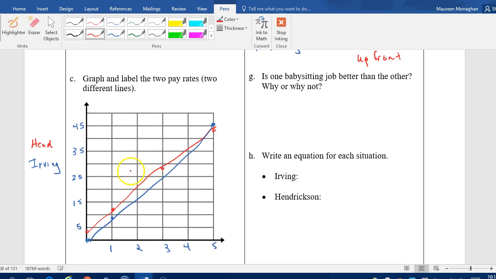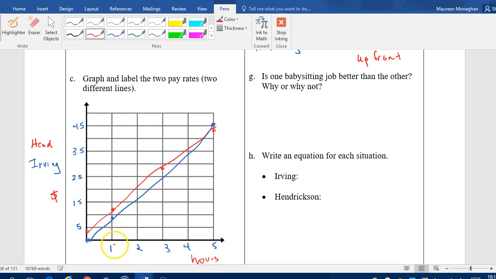Let's take a look at the graph. Because this is the hours down here. I should have labeled that. My bad. And this is the cost. So let's take a look. At 5 hours, if you're babysitting for Irving, which is blue, you're going to get $45. If you're babysitting for Henriksen, you only get $44.